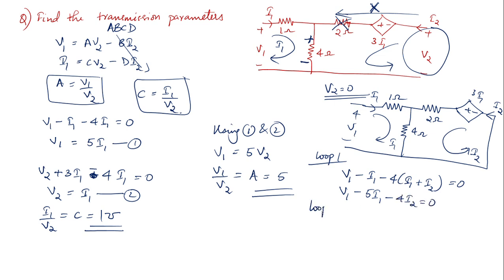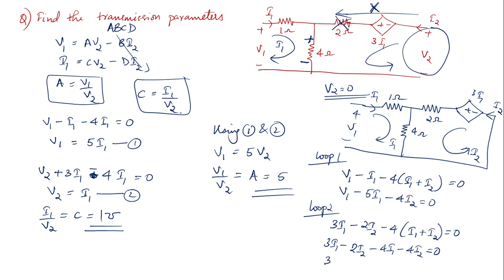Similarly, you can write the loop 2 equation also. If you are writing the loop 2 equation, what will you get? You can just write it down. It is 3I1 minus 2I2 minus 4 into I1 plus I2 is equal to 0. Again, you can just solve it. 3I1 minus 2I2 minus 4I1 minus 4I2 equal to 0.